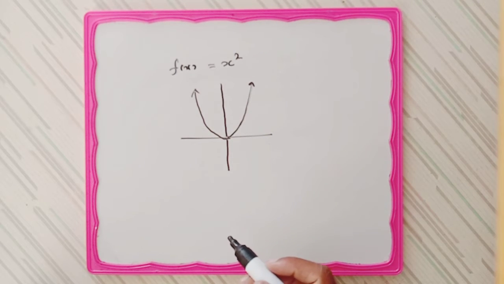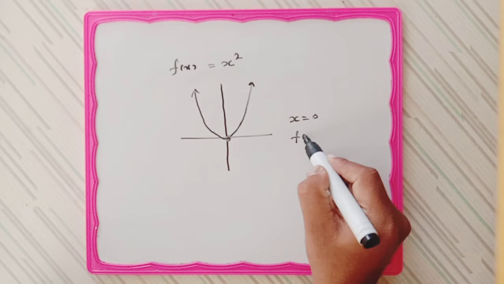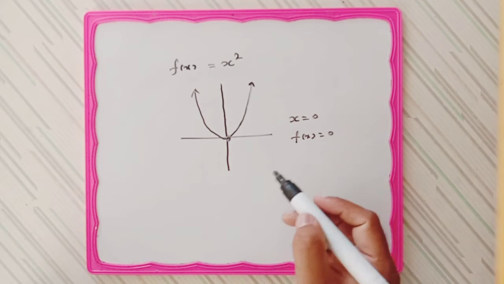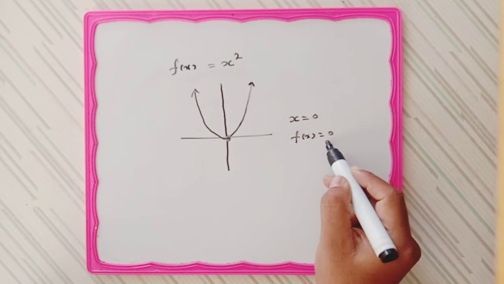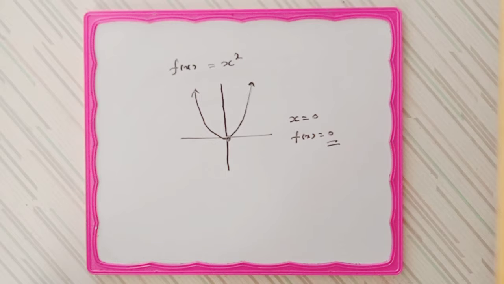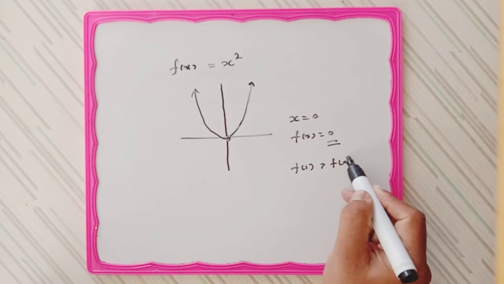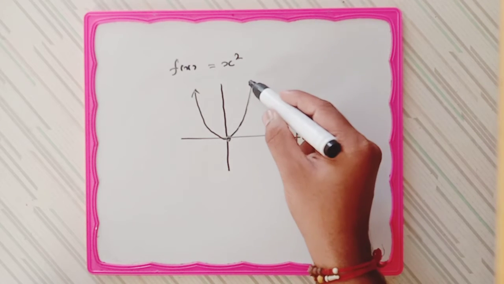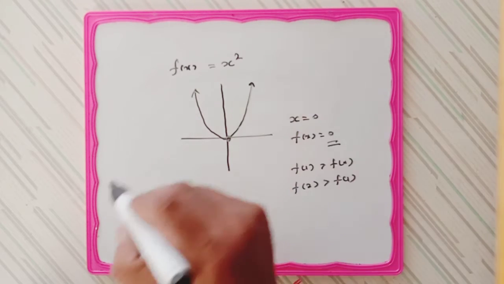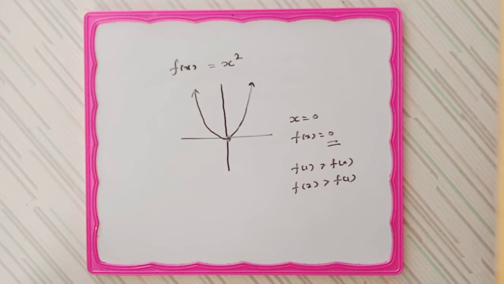So at x = 0, f(x) = 0, which is the minimum value for all x belonging to R. But f(1) is greater than f(0), then f(2) is greater than f(1), and so each value goes on increasing, so we cannot decide the maximum value of this graph. So f(x) = x² does not have a maximum value, but its minimum value is 0.